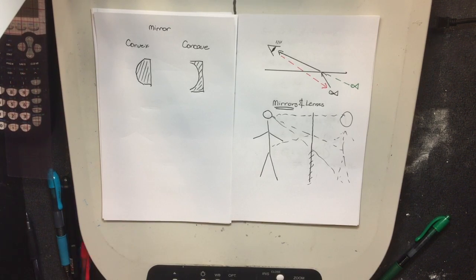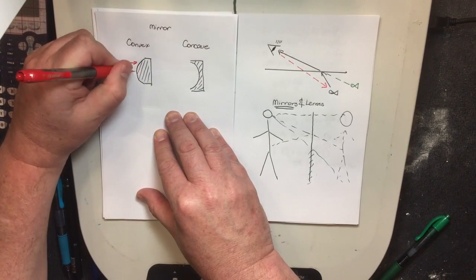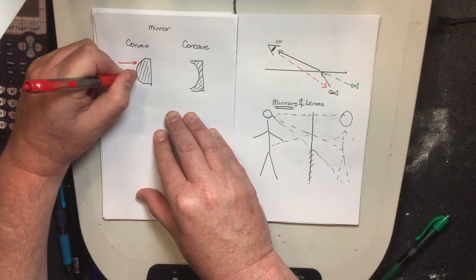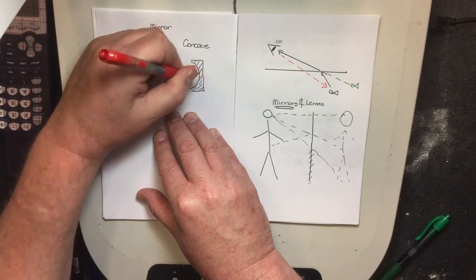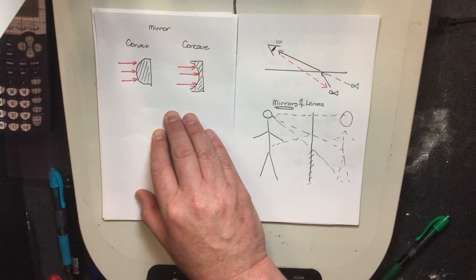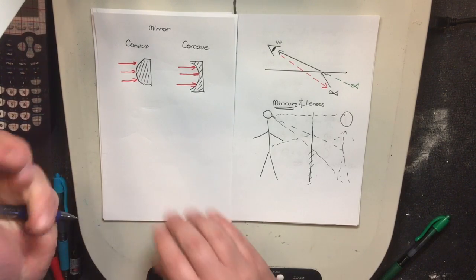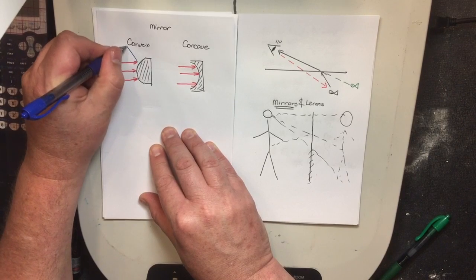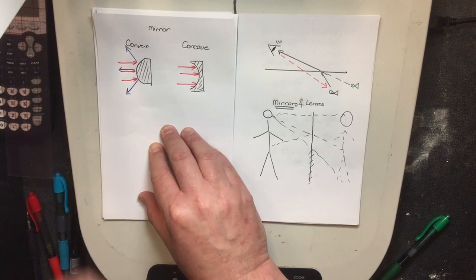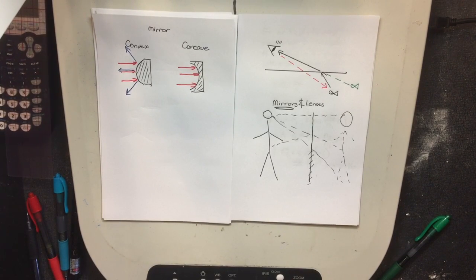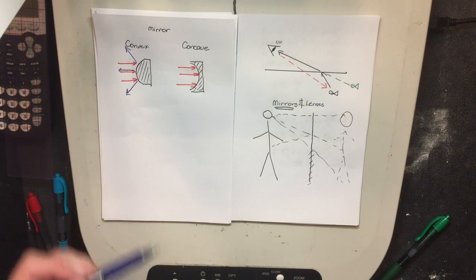If you took parallel light with a convex mirror, the light is reflected away. And it's reflected away in a pattern where everything diverges.